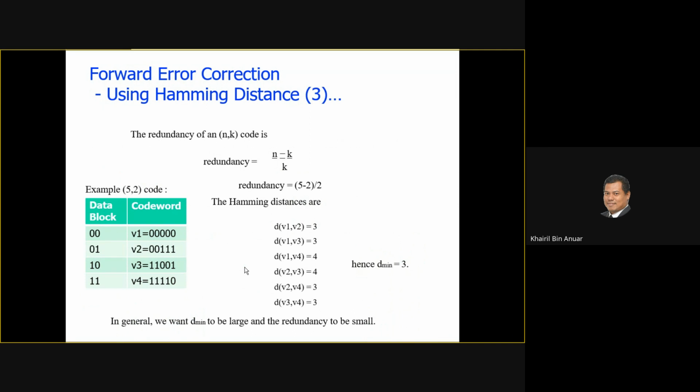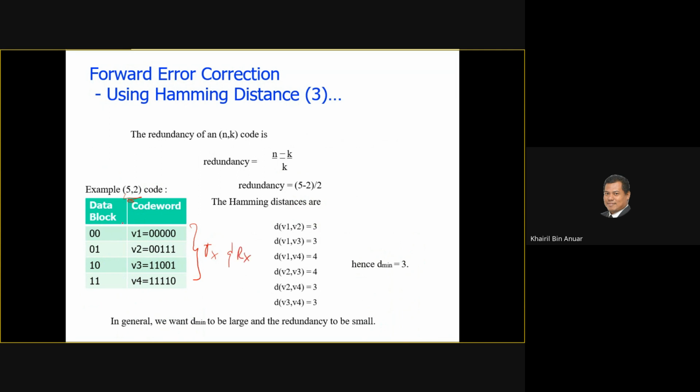Say that this is an example where you have again the 5-bit code. Now your block and the code word are being represented. Both your sender and receiver should know this, TX and RX should know this.